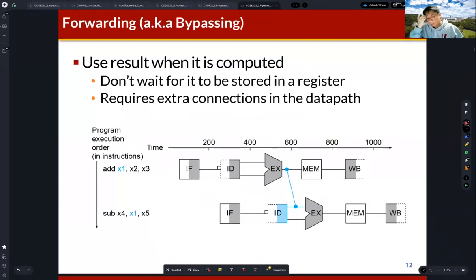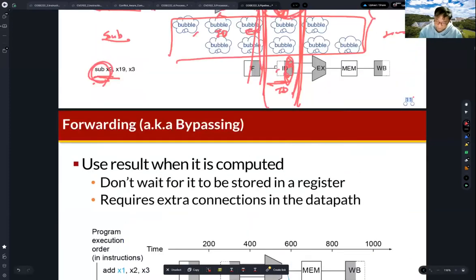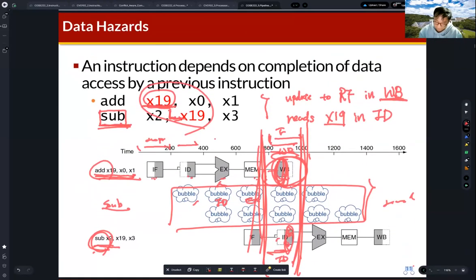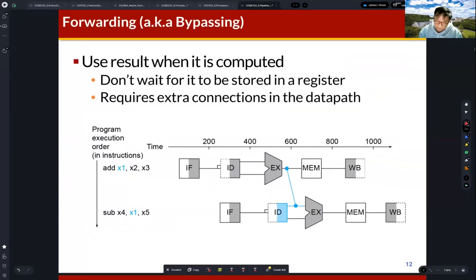So how can you avoid the data hazard? We can use data forwarding. What is data forwarding?